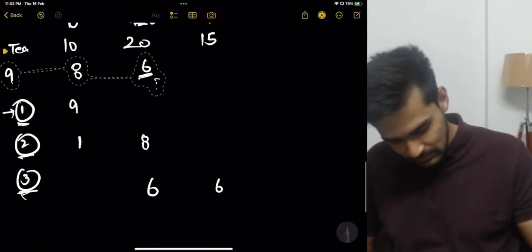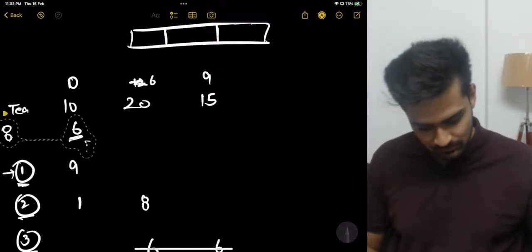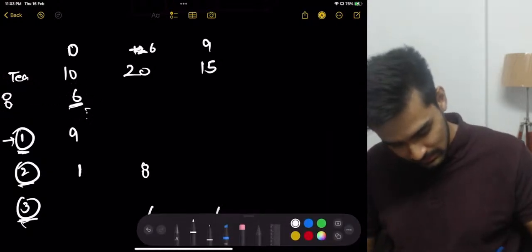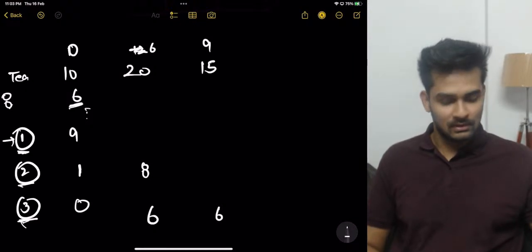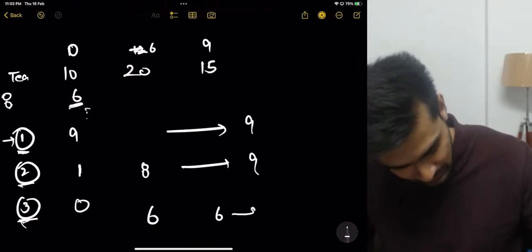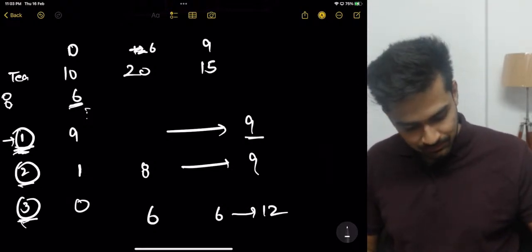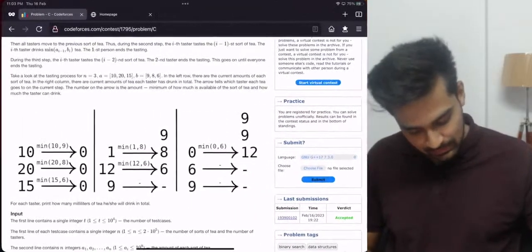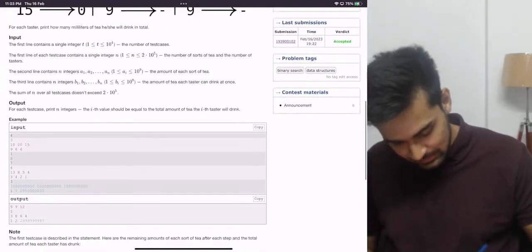Since we had 0 amount of tea left here, it drank 0 tea on the last day. Now if you sum these, person 1 drank 9 milliliters, person 2 drank 9 milliliters, person 3 drank 12 milliliters. And that is the answer for the very first input: 9, 9 and 12.